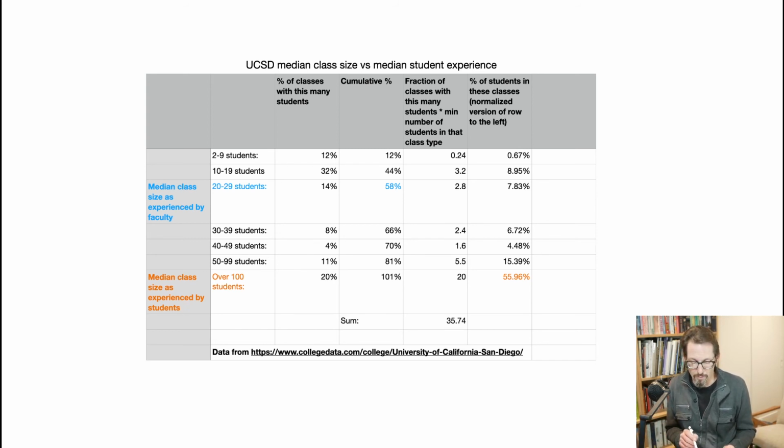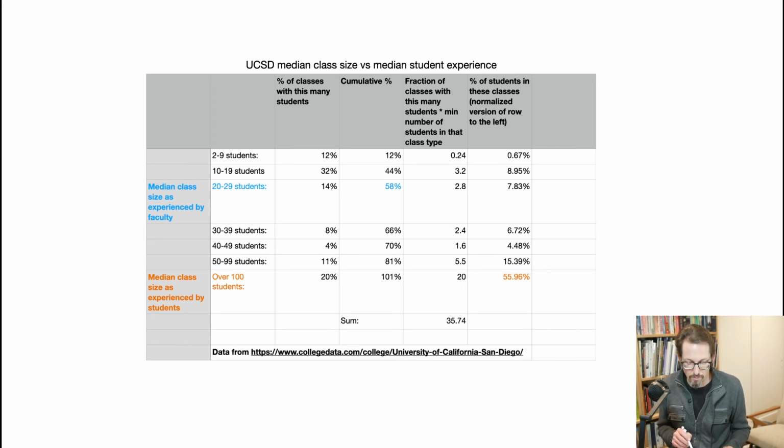If we just multiply this 0.12 ratio by 2, the smallest number of students there, and we multiply 10 for the 10 students there by the 0.32 here, and so on and so forth, we get numbers like that.